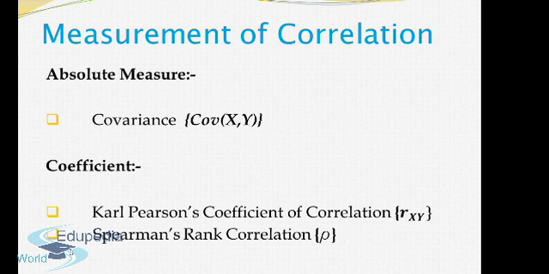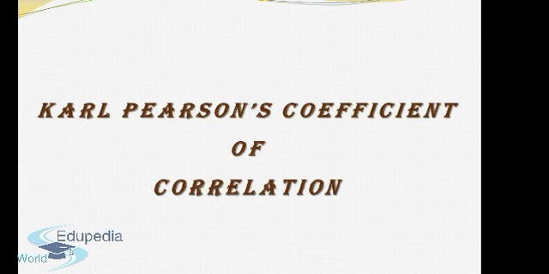Let me give you the formula, and straight away let's take a few problems so that we understand what exactly is correlation, and we see how do we measure it and how to work about. So let's take the Karl Pearson's coefficient of correlation to begin with.